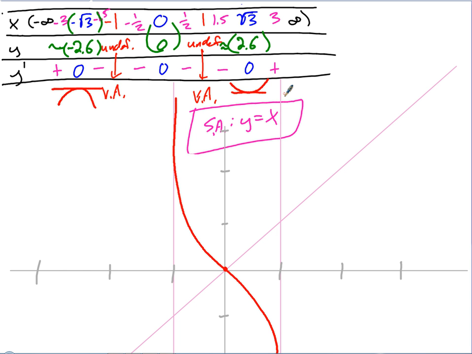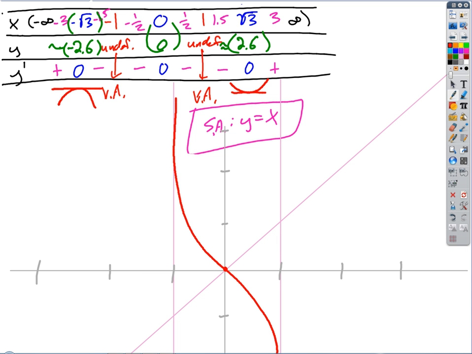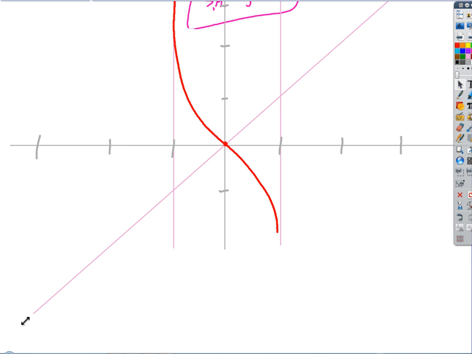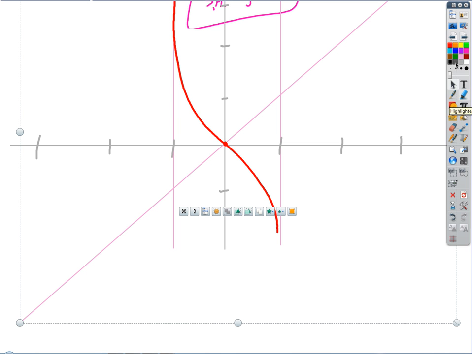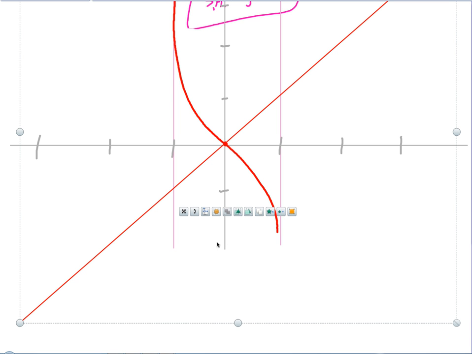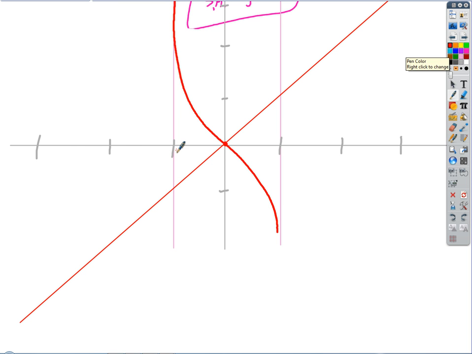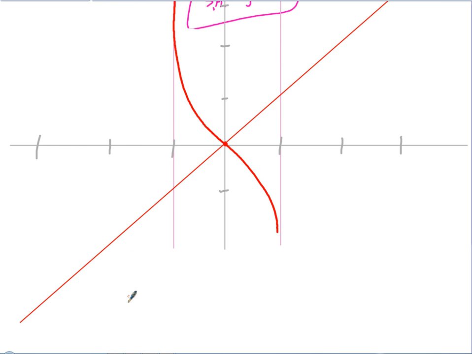And if this guy is at negative root 3, so it's about there-ish, negative 2.6, I've got to go down a little bit. So it's negative 2.6, something like that, so it's down about right here, kind of.